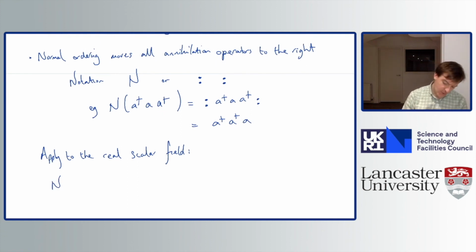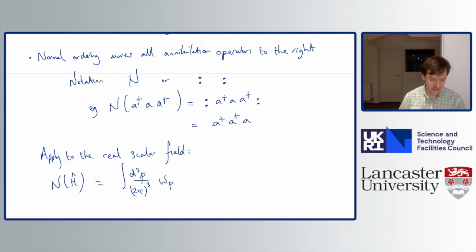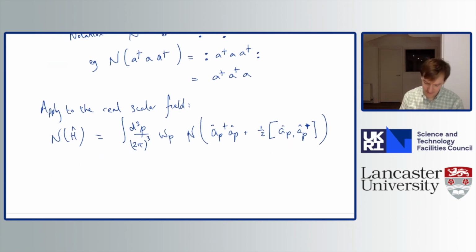So the normal ordering of the Hamiltonian that we find is going to be, let's write down the terms that are not operators, because the normal ordering only concerns itself with the operators. So we have the omega p term, and then we're going to do normal ordering on the A_p dagger A_p plus, let's write it as, the commutator of A_p with A_p dagger. Okay, and we can just apply the normal ordering term by term.